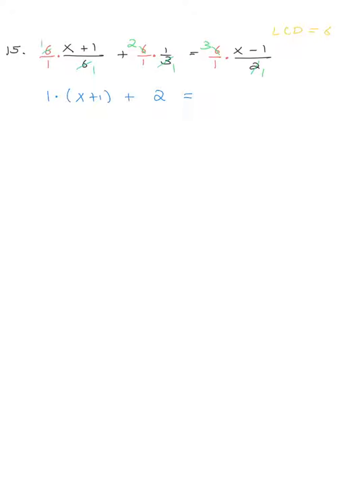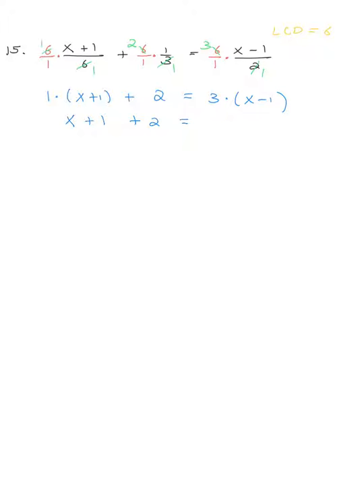And on the other side, we have 3 times x minus 1. Be careful that after you cancel these, this 3 is being multiplied to this whole thing, which is why I included parentheses. Notice that I did the same thing here, although in retrospect, this was not necessary. I mean, this 1 when multiplied in doesn't change anything, so I'm just going to write that as x plus 1.